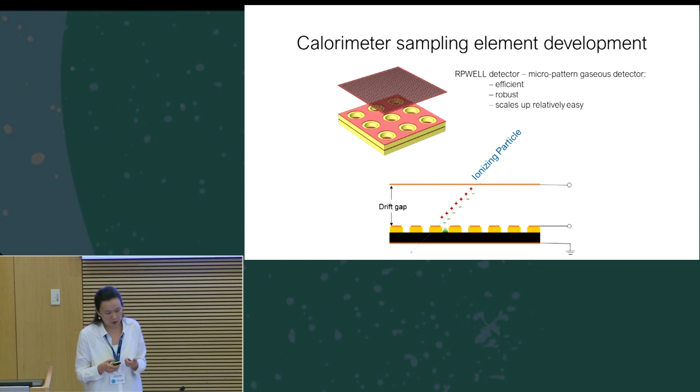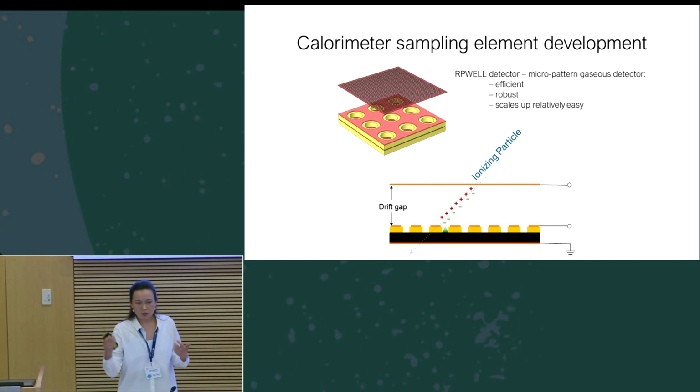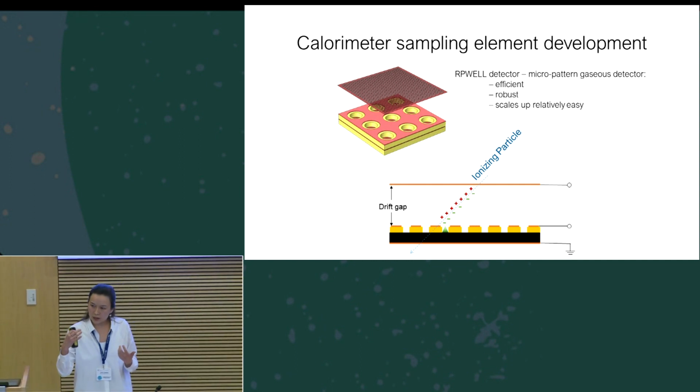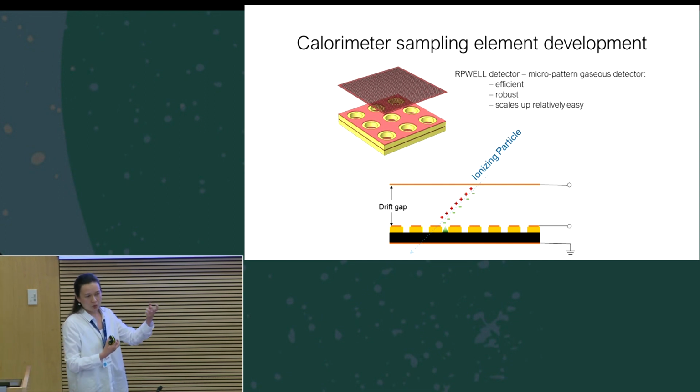We have gas as the active medium inside the detector, and when a charged, ionizing particle passes through, it creates negative and positive charge. Then we multiply this charge in a microstructure, these tiny holes, to get a good signal. A simple idea, you can say.